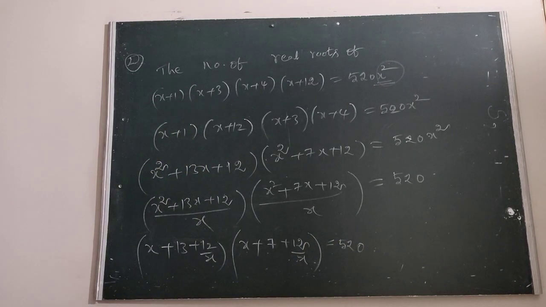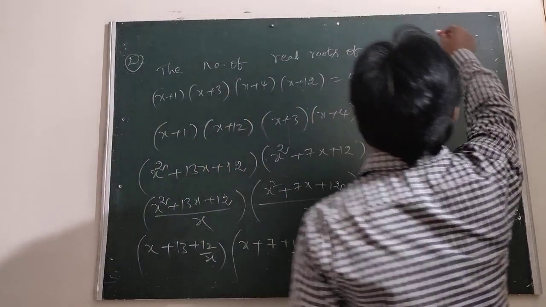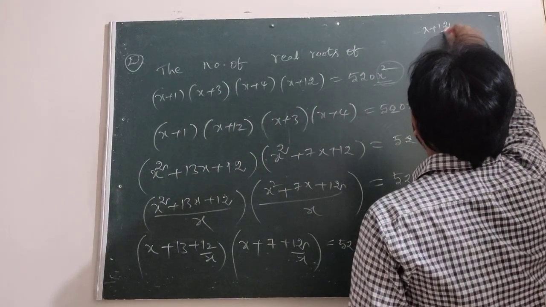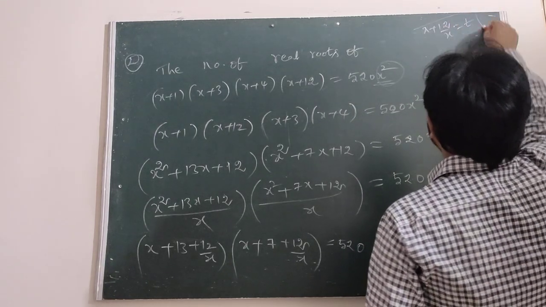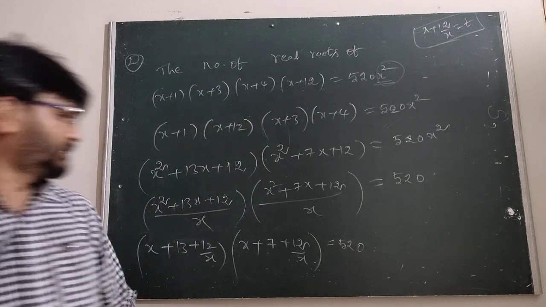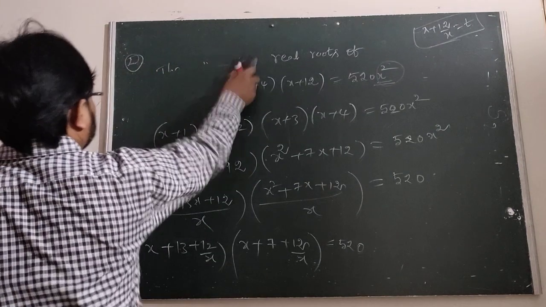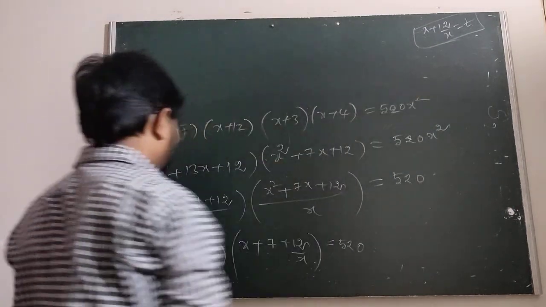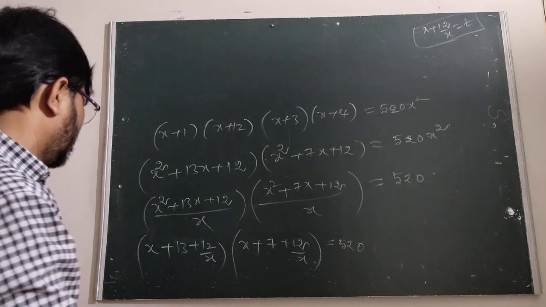Now we take x + 12/x as t. Therefore, x + 12/x is t.